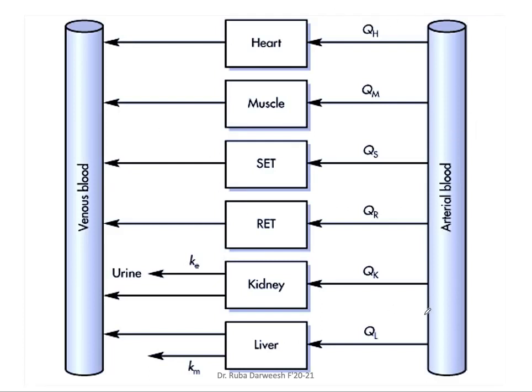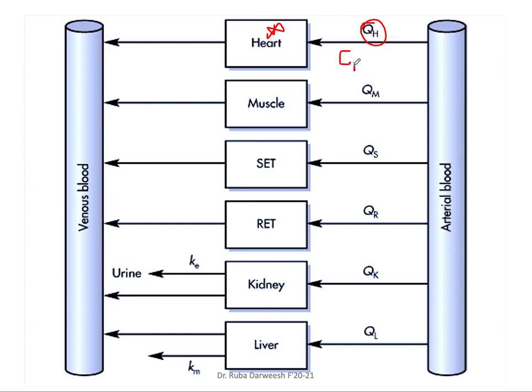And we mentioned this, or we show this as an example, a symbolization of the physiological based pharmacokinetic, in which we need to know certain information about the organ. We need to know the flow of the blood to that organ or the perfusion.